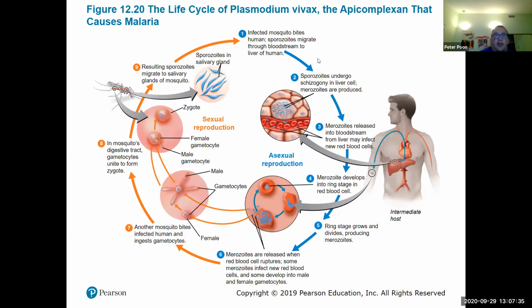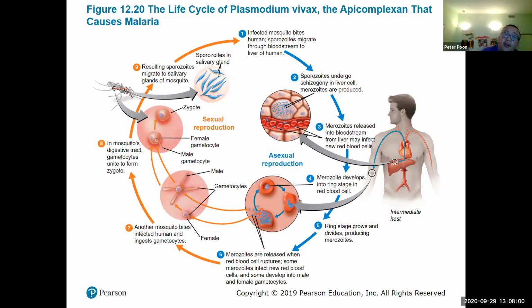So here's the life cycle. You can see the mosquito is where the sexual reproduction occurs. The human is where the asexual reproduction occurs. So the mosquito is actually the definitive host, and the humans are the intermediate host.